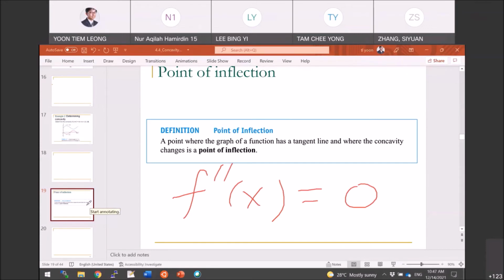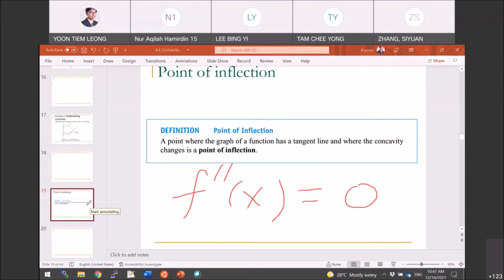So usually the point of inflection has to be marked down in the process of curve sketching, where you have to carefully divide the function's concavity based on the locations of the critical point. So on the one side of the critical point and the other side of the critical point, then you know that at those intervals, the sign of f prime prime changes, therefore the concavity also changes.